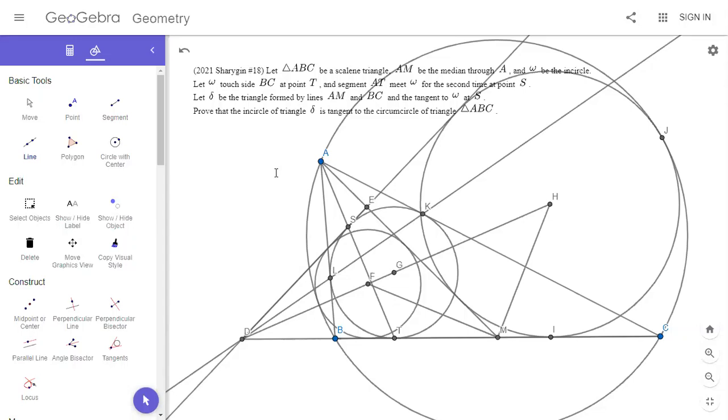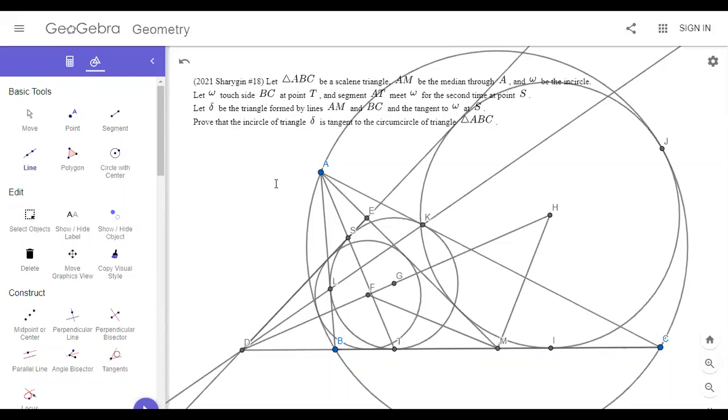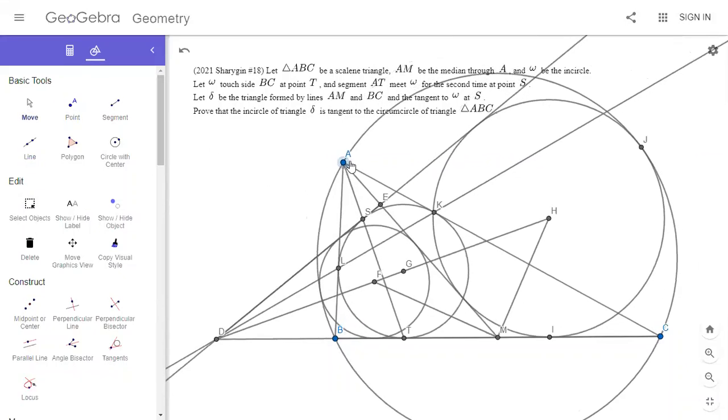If we let IA be the A-excenter, then IAM is perpendicular to FH. That's interesting. Well, is FH perpendicular to AT? I guess it's easy to show that GD is perpendicular to AT, right?